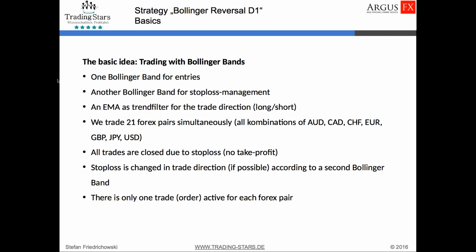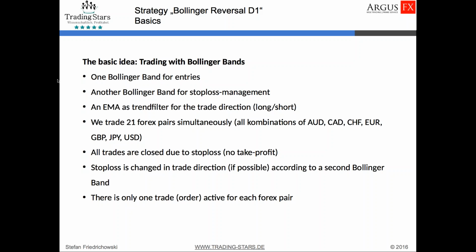So we use two Bollinger Bands, one for entry levels and another one for the management of the stop loss of a trade which has been activated. Finally, we use a trend filter by EMA in order to derive the trade direction, meaning long or short.